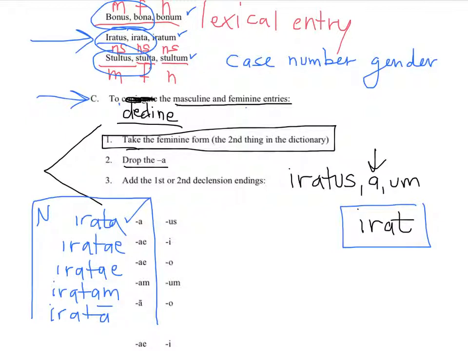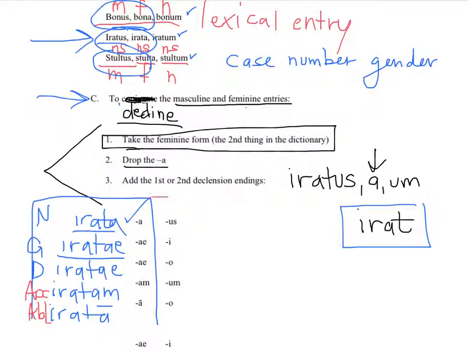This is an adjective that would go with a nominative singular feminine because it is also nominative singular feminine. If you had a noun you wanted to modify or describe in the genitive singular feminine, you would use the genitive form. If you had a noun that you wanted to modify in the dative singular feminine, you would use the dative, and obviously the pattern continues with the accusative and the ablative singular.